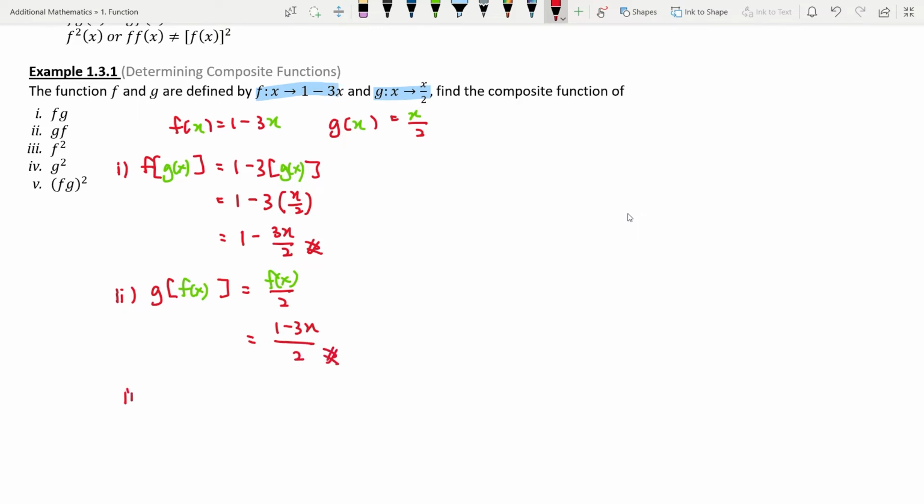And the third one, we are asked to find f of fx. f squared x, which is f of fx. Substituting fx into function f, we will get 1 minus 3 fx.